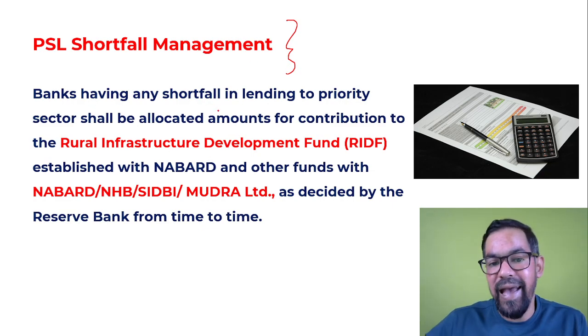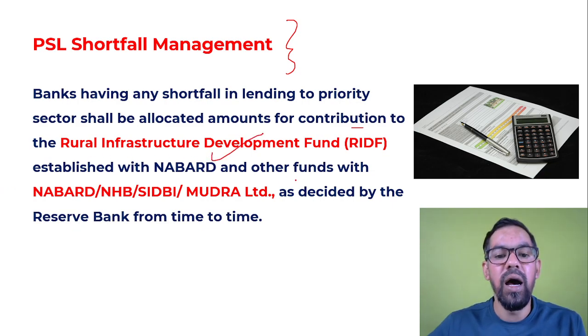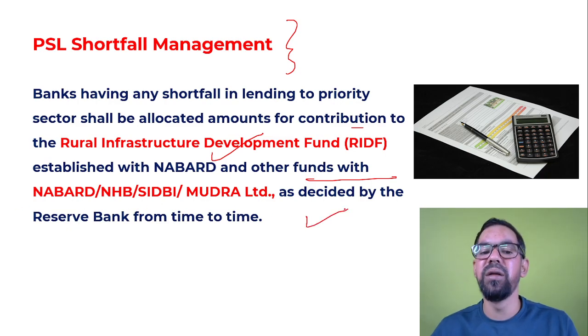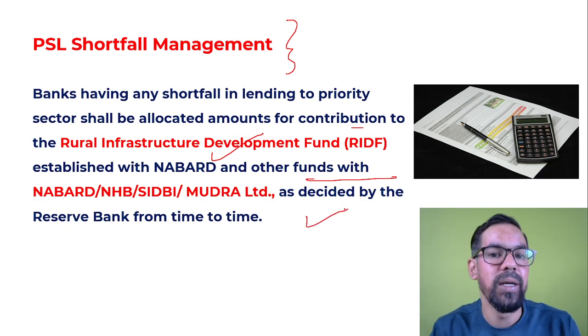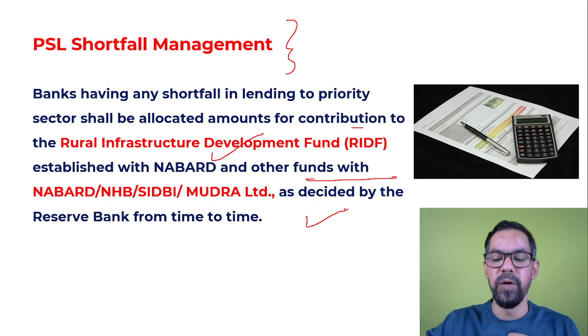A bank having a shortfall in lending to the priority sector shall be allocated the amount contributed to RIDF established under NABARD and other funds like NSB, Mudra, SIDBI, so they can deposit the remaining value. I hope you get this clearly.